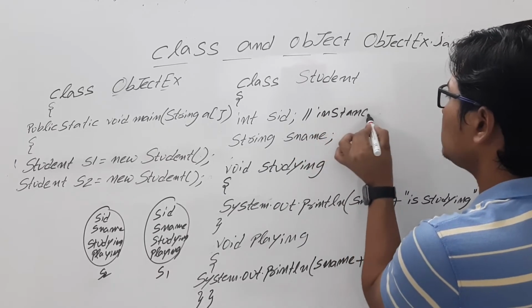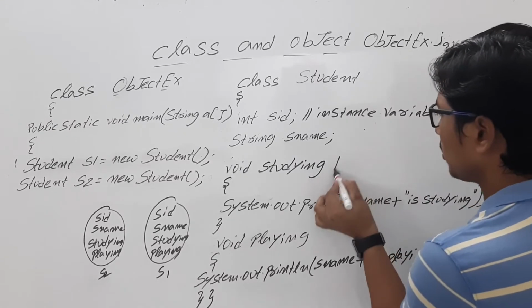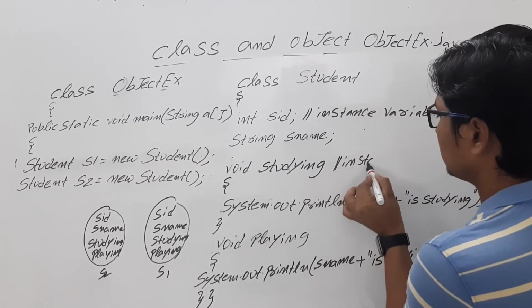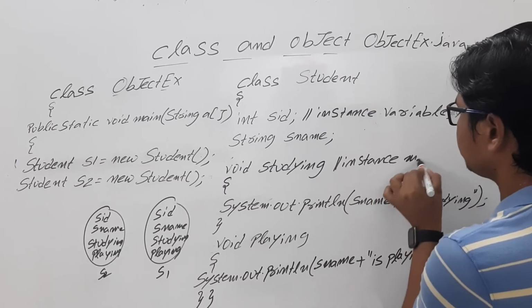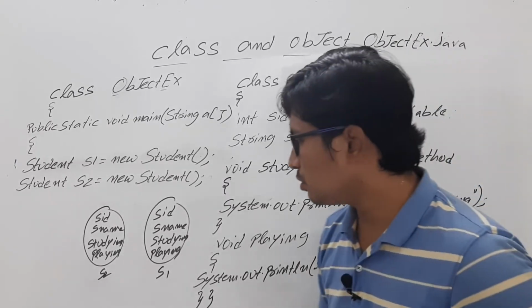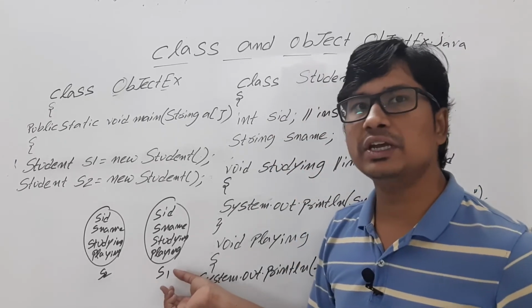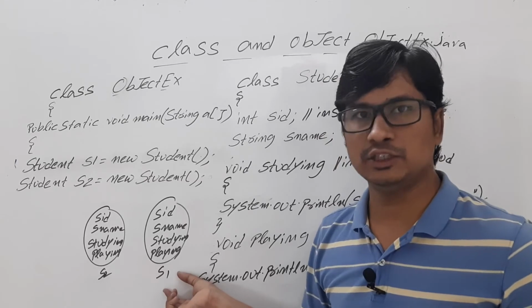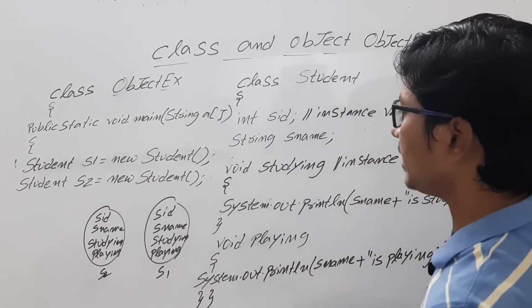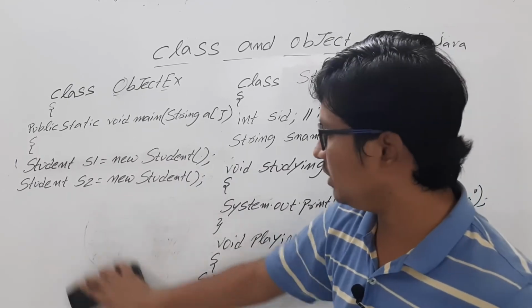For each object you will have an address, which you can display using the hashCode method. Now let me erase this and continue the program where we left off.